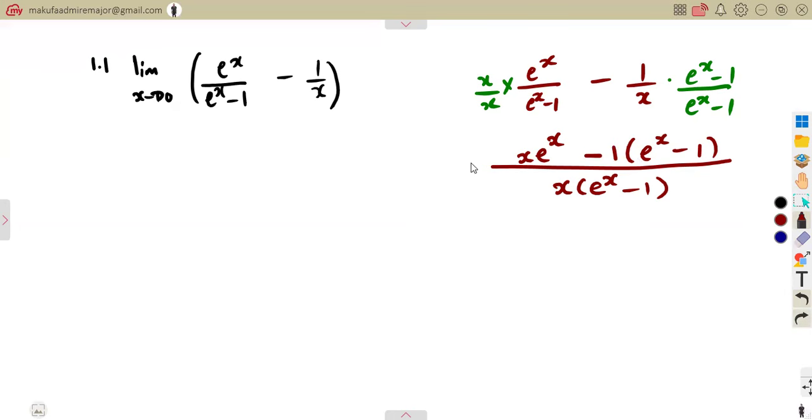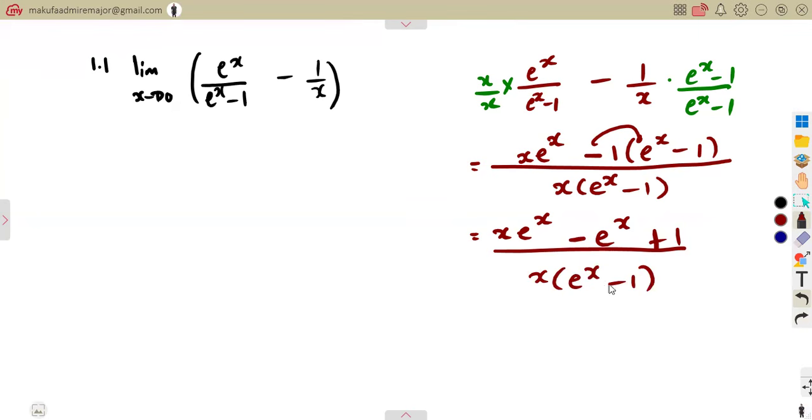We can expand the bracket: that's x e to the exponent of x, negative times the first term is negative e to the exponent of x, and negative times negative 1 gives a positive 1. So that's over x into e to the exponent of x minus 1.